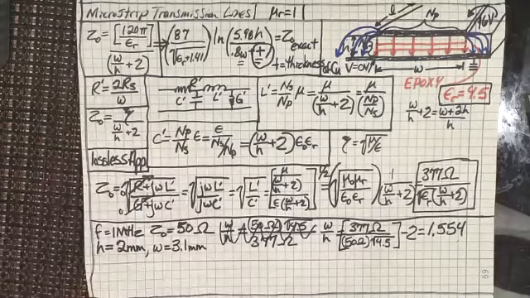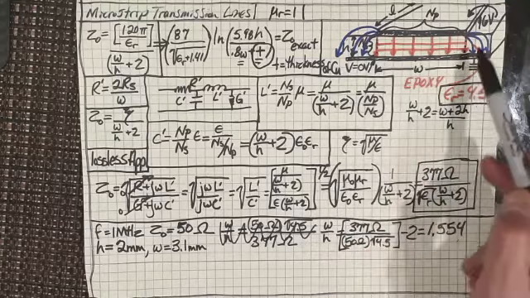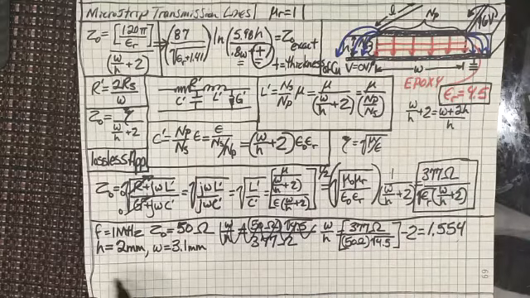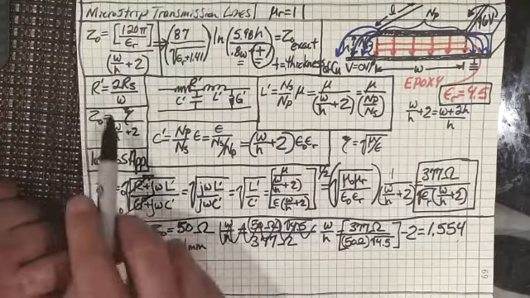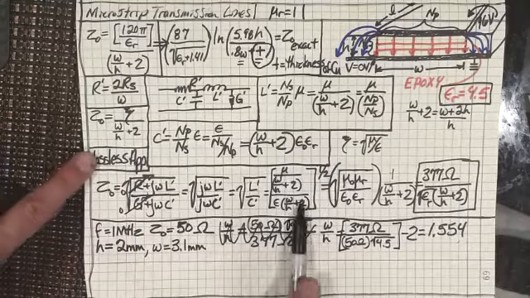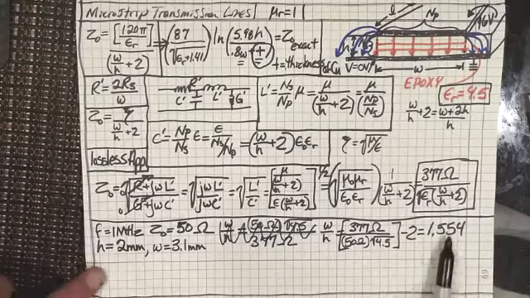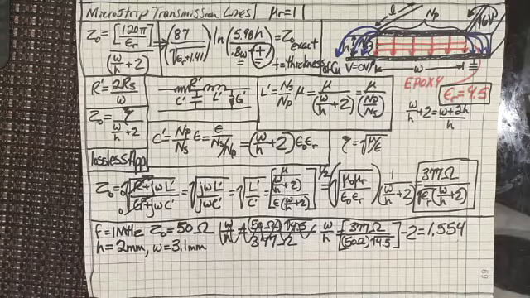Does everyone see that? So 3.1 millimeters would be the width, and then 2 millimeters high. I sort of made it a little bit thicker probably than I could have, but anyway, that's fine. And we used this knowledge of the characteristic impedance here, and the fact that we used the lossless approximation, and we figured out exactly what these ratios would be to get that 50 ohm impedance, right?